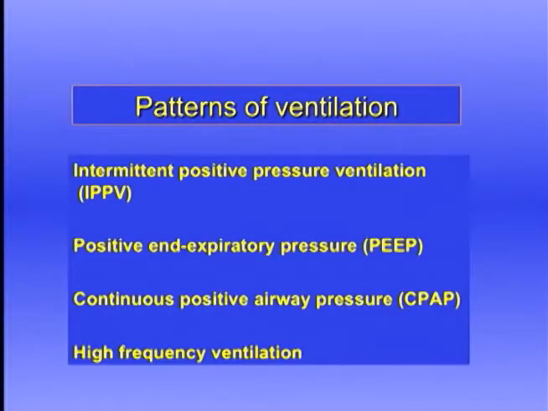And that is not extensively used, but that's sometimes used, for example, with a bronchopulmonary fistula. If there's a leak in the pleural surface, then you don't want to use these other methods of ventilation, because you're going to give a big pneumothorax. But high-frequency ventilation can be used there.